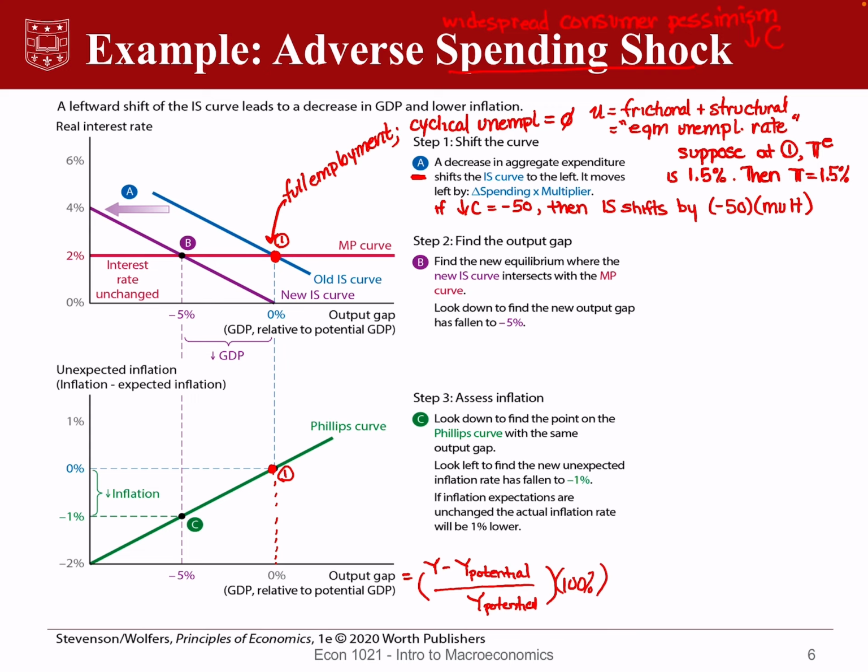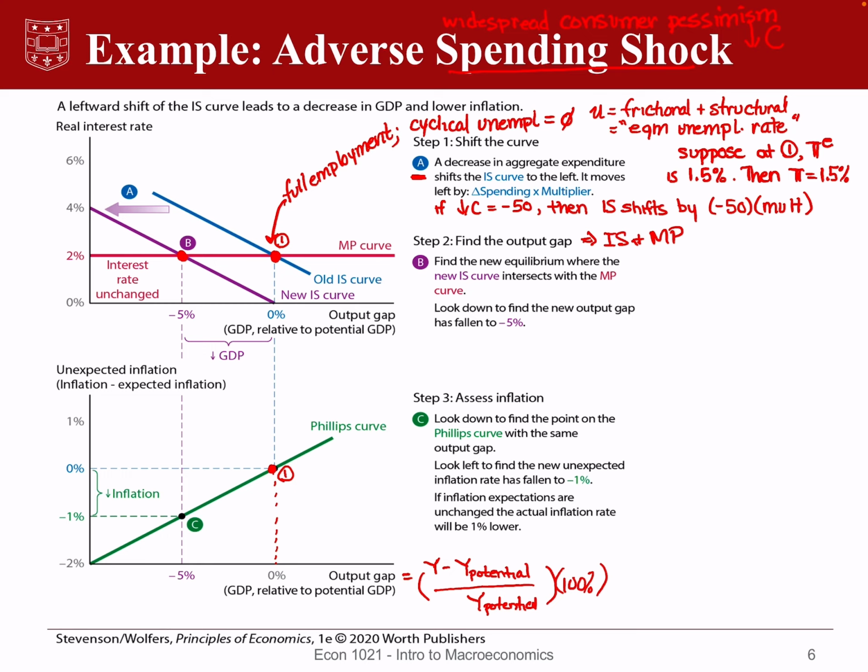Step two, find the output gap. This means that we are comparing the IS and the MP curves. So we notice, of course, that as a result of lower spending in the macroeconomy, there is lower production. We move to a new equilibrium point at point B. And then we look and we see that corresponding to point B, the output gap is negative 5%.